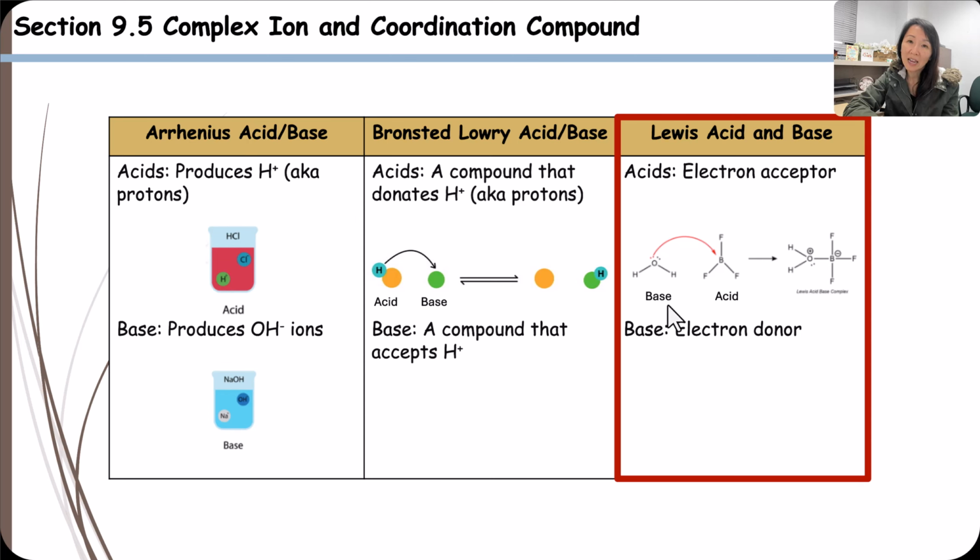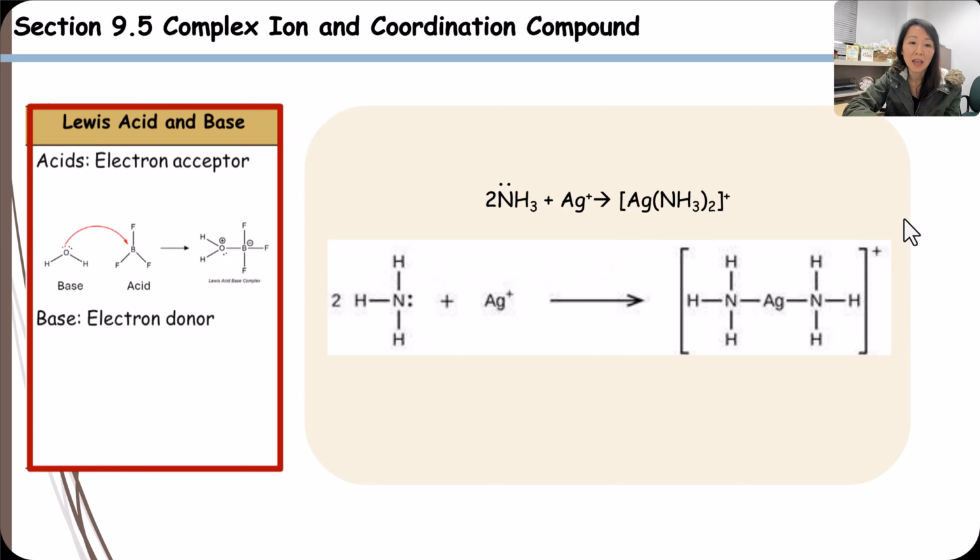We can take this particular definition and apply it to transition metal, and here is how. Here is a reaction where you have ammonia plus silver. Silver is the transition metal. The silver forms a bond with ammonia by the ammonia donating its electrons to silver, and silver accepting those electrons.